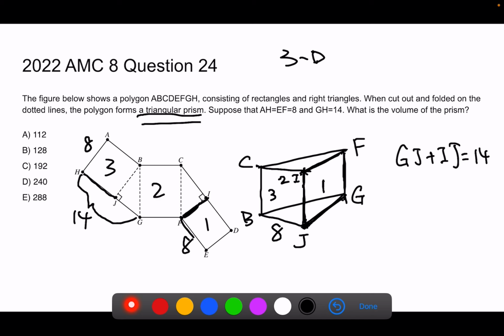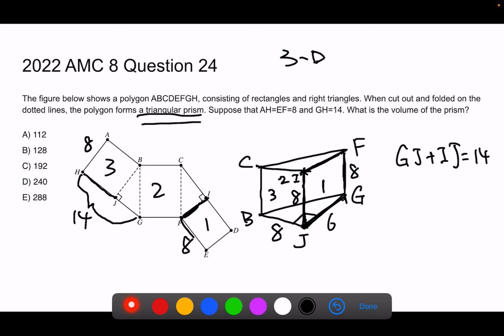So in that sense, this part is equal to 8. And then, because GJ plus IJ is 14, GJ is going to be 6.